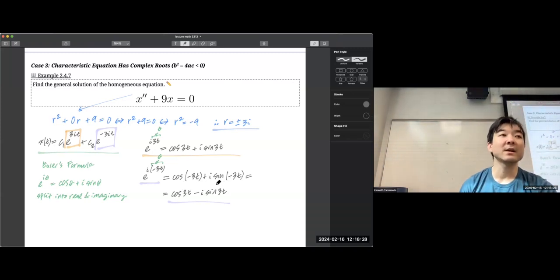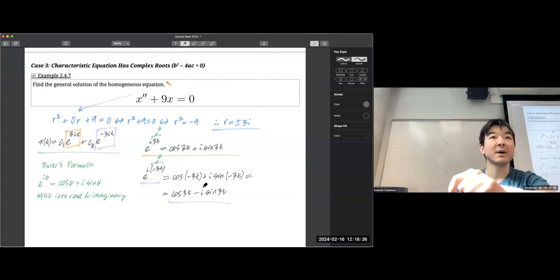And sine has origin symmetry. So if you're evaluating at negative pi, it will be the same number as at pi, but flipped above the x-axis.